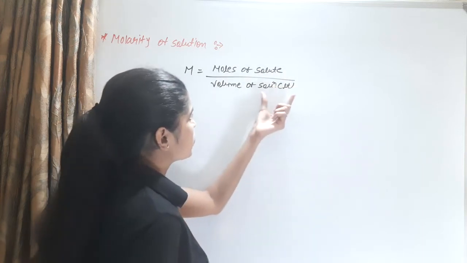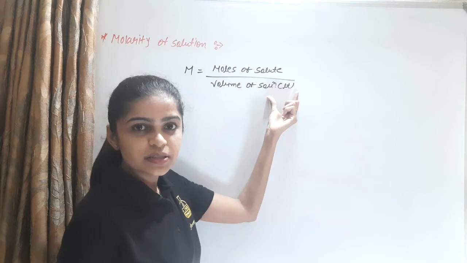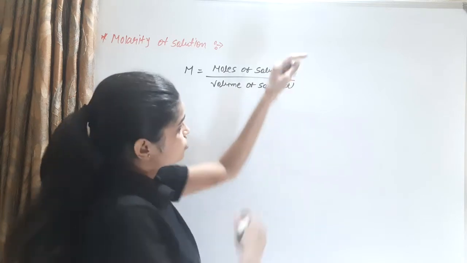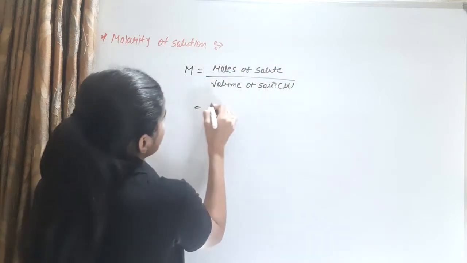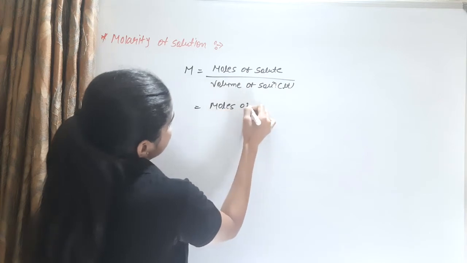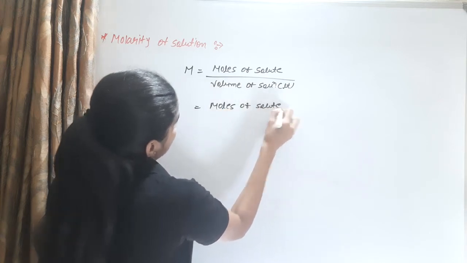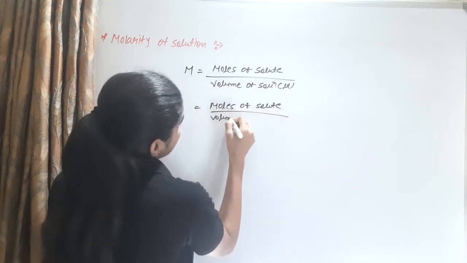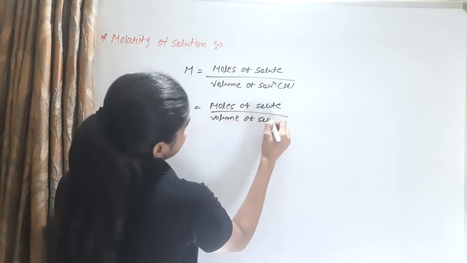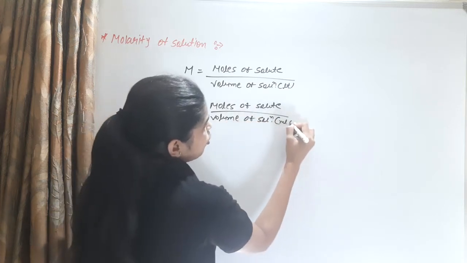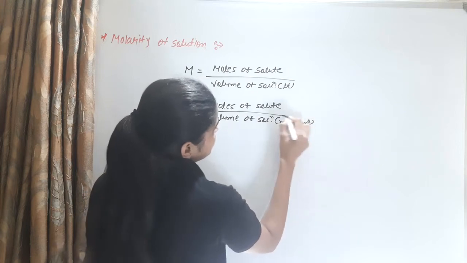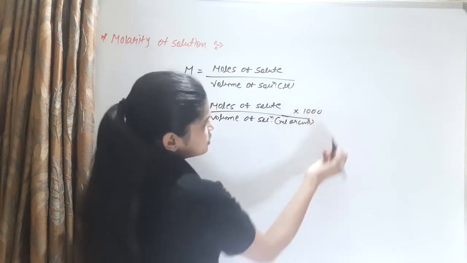But when the volume of solution is given in ml or centimeter cube, it is multiplied with 1000: moles of solute upon volume of solution in ml or centimeter cube multiplied with 1000.